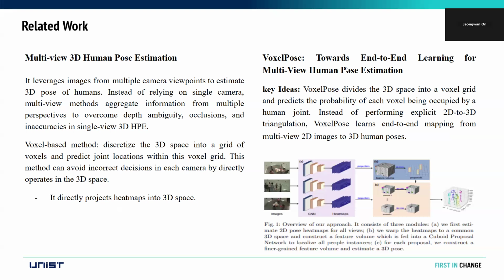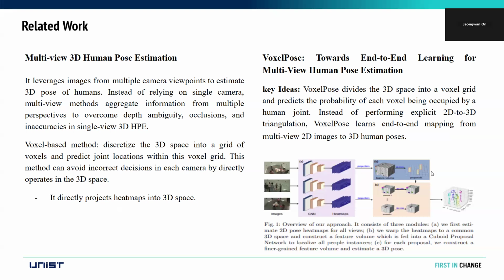The key idea of this paper is that they divide the 3D space into a voxel grid and predict the probability of each voxel being occupied by a human joint. Instead of performing explicit 2D to 3D mapping, they learn an end-to-end mapping from the multi-view images to the 3D human pose.